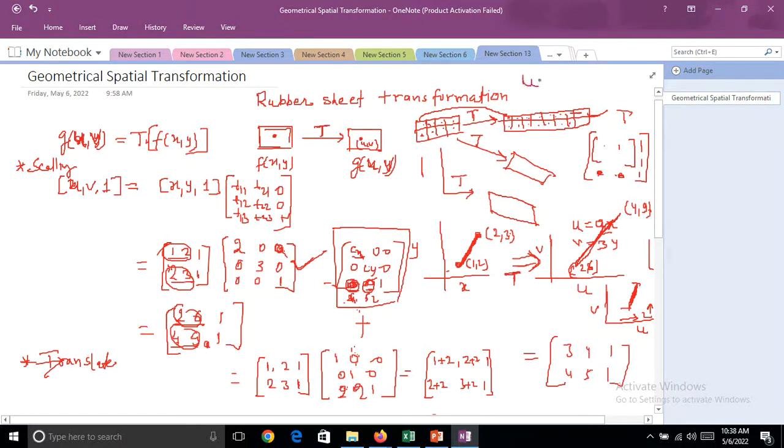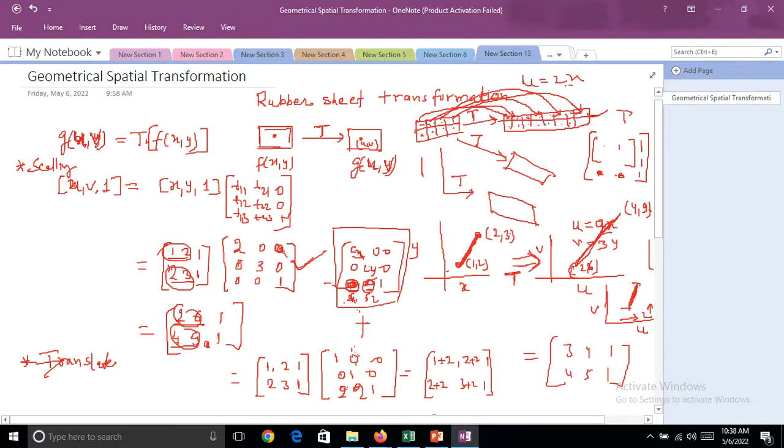If u is equal to 2x, the first pixel value will go to the second, the second pixel to the fourth, the third pixel value to the sixth, and the fourth pixel value to the eighth, because u is equal to 2x.